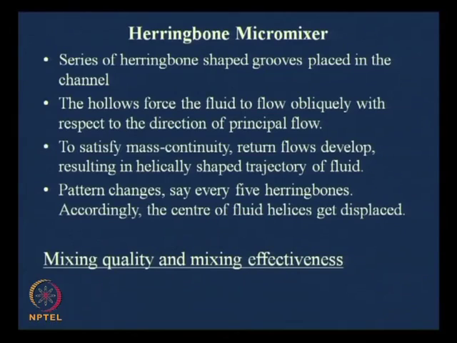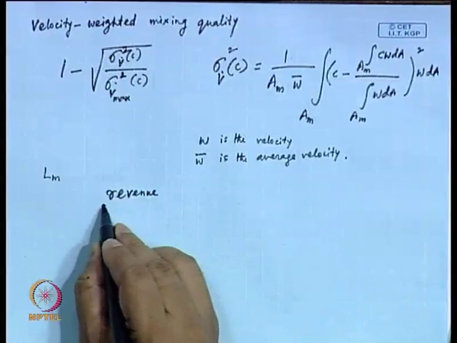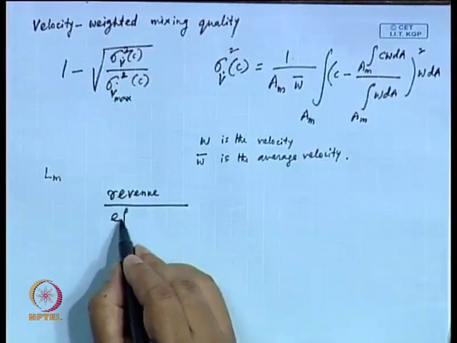Within this short length we are achieving this alpha as the quality, but expending this much pressure drop. So, mixing effectiveness is typically defined as the energy or revenue gained divided by the effort expended.